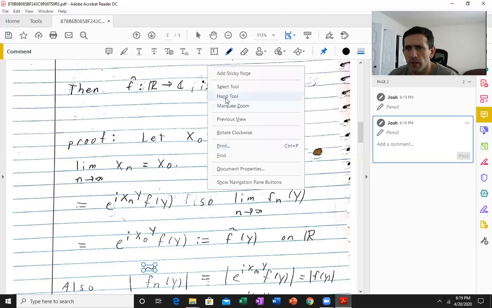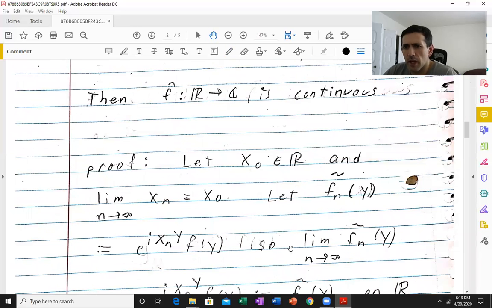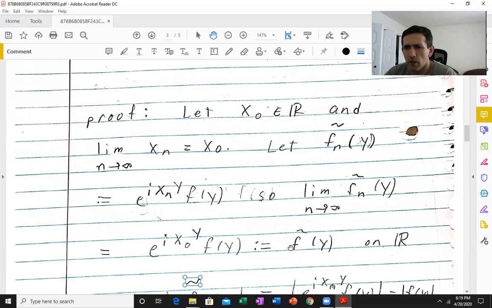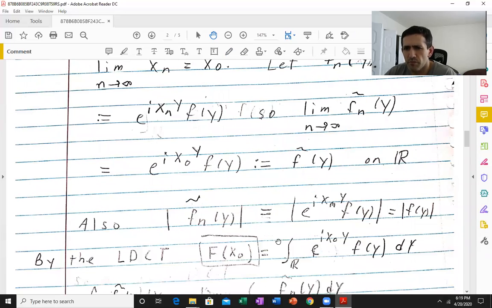So, okay, so, right, we're almost done. Okay, so by the Lebesgue dominated convergence theorem, let's define big F of x_0 to be the Fourier transform of.